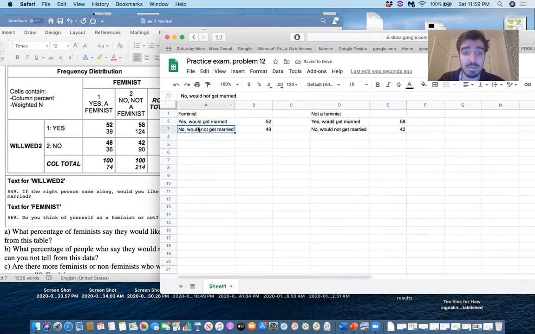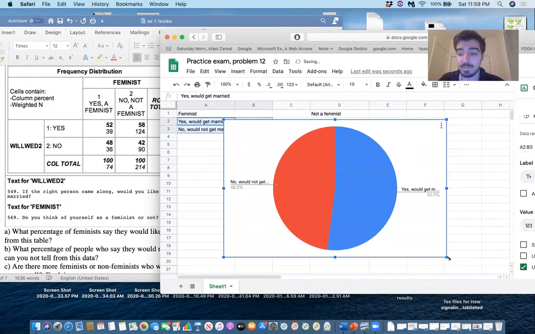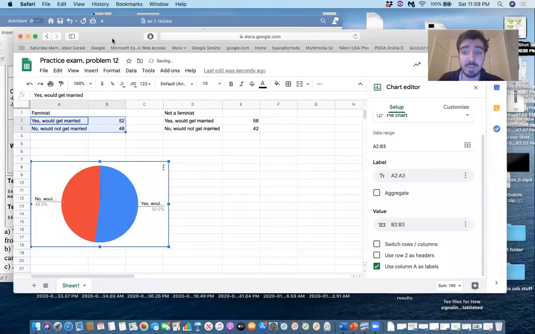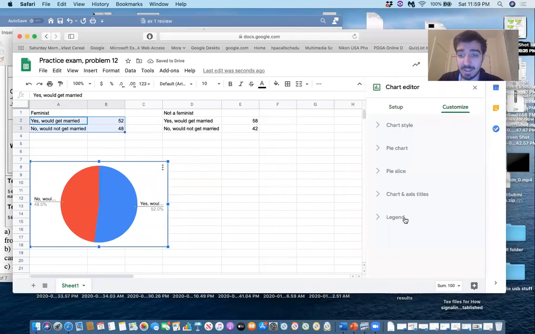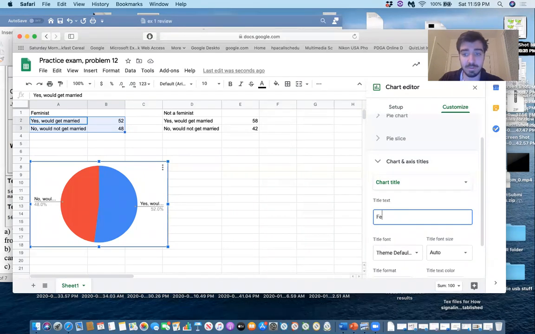Let's go ahead and create pie charts for this. So highlight here, insert chart. This is the pie chart for feminists. Let's add in the title, that should be under here. Feminists.